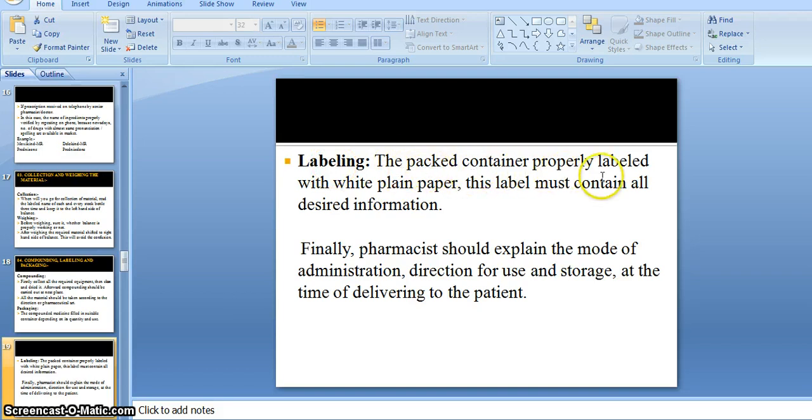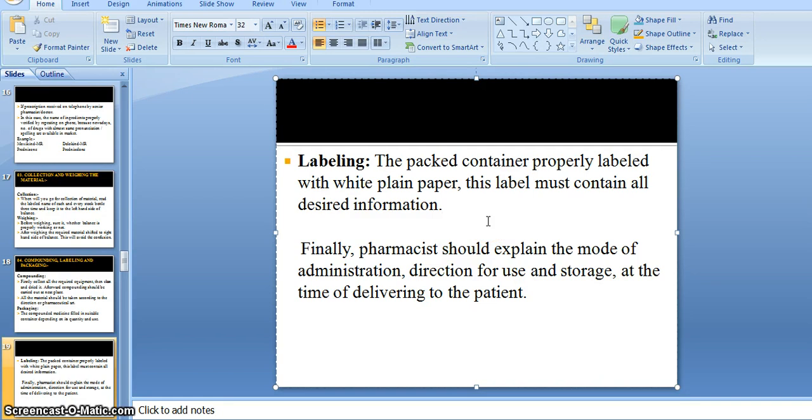The packed container is properly labeled with white plain paper. This label must contain all desired information. This is the labeling step in which the properly packed and sealed container should be labeled with white plain paper.